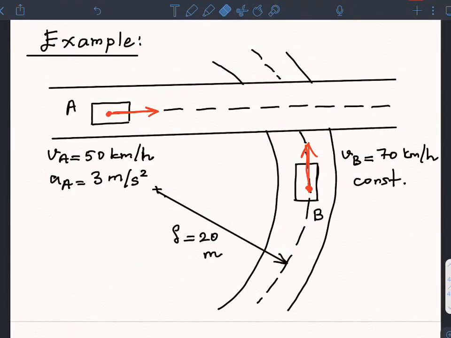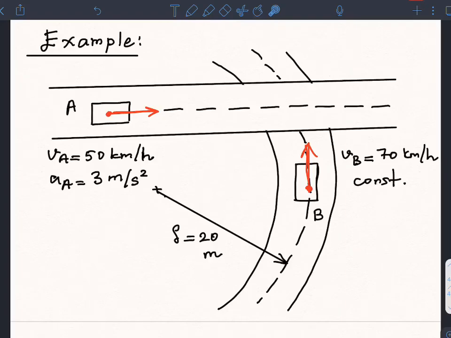Okay, let's solve an example about relative motion. So this is a typical example. There are two cars here, one going on a straight line and one taking a round road. So car A moves, as you can see here, towards right with 50 km per hour with 3 meters per second square acceleration, which means it is accelerating.